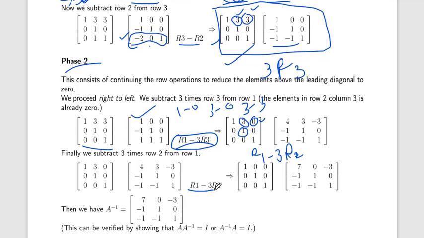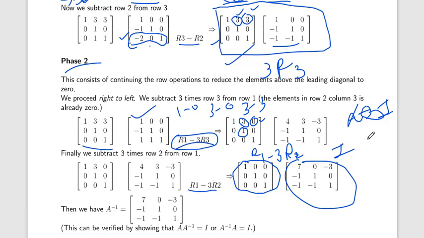So R1 minus 3R2, and you can see that we have transformed matrix A into the identity matrix. If the same operation is applied to the identity matrix, it will become A inverse. So we have the answer, the inverse of matrix A.